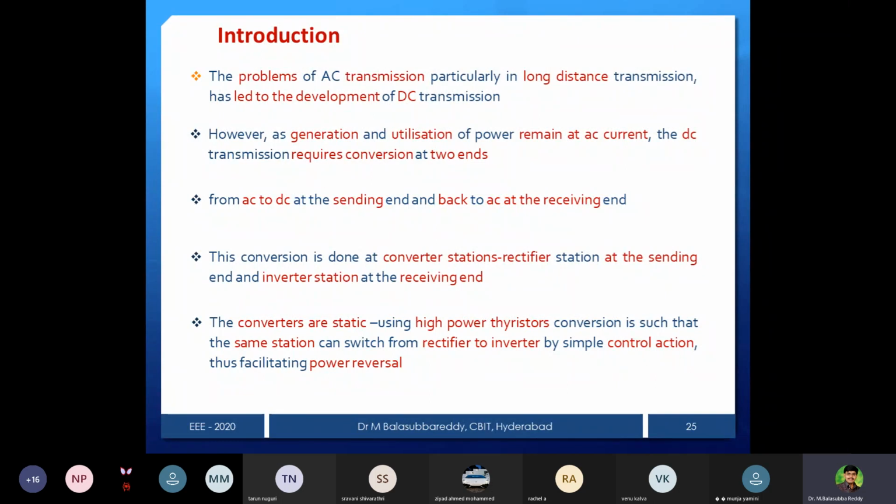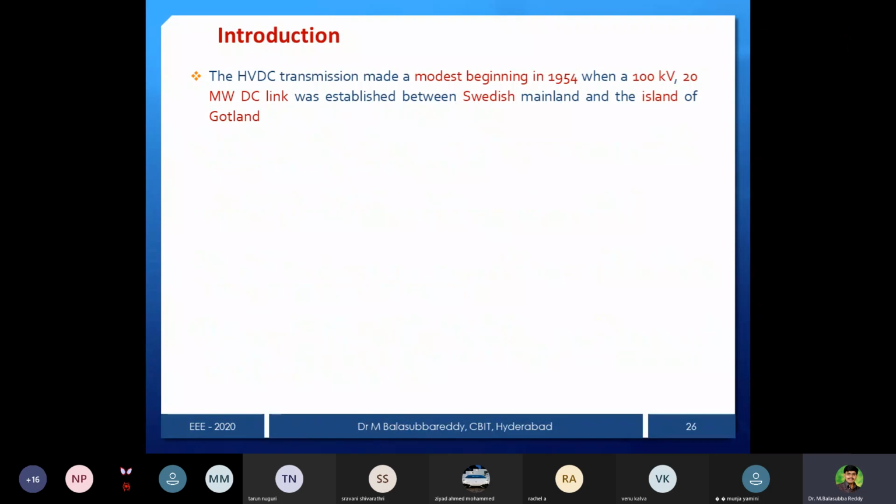Suppose I want to transmit power from the sending end to the receiving end. The first station acts as a rectifier station, the second one acts as an inverter station, or vice versa. The receiving end side can be made a rectifier and the sending end an inverter. That way, bidirectional power reversal is possible.